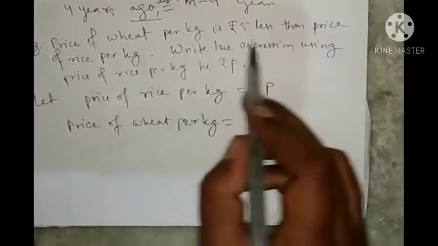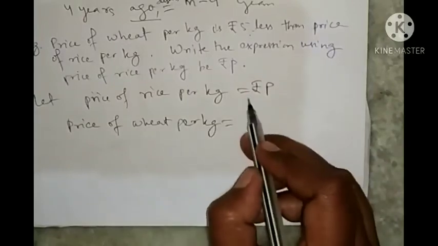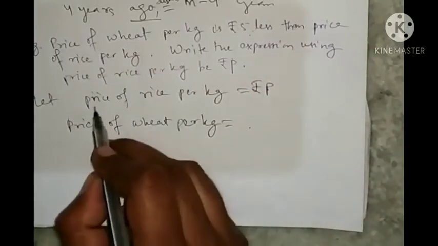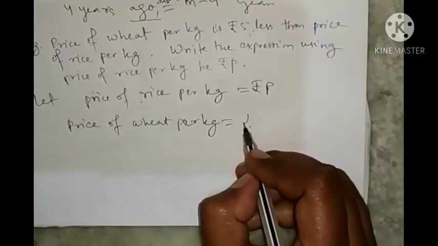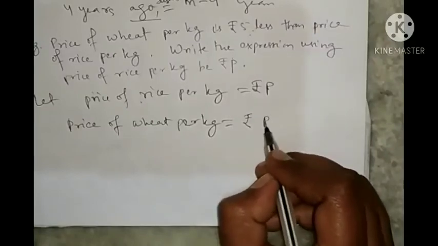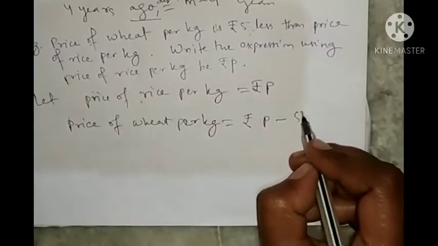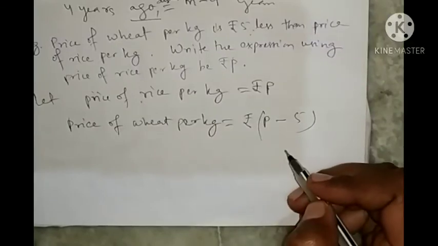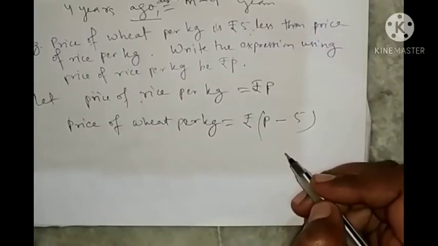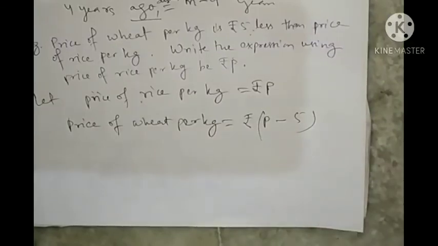So it is 5 less than price of rice. So 5 less than means rupees p minus how much? 5. 5 less than means rupees p minus 5. So this is all about how we'll write the expression and how we'll use this expression to express in our practical life. So this is about today's class. I hope you have understood. Thank you.